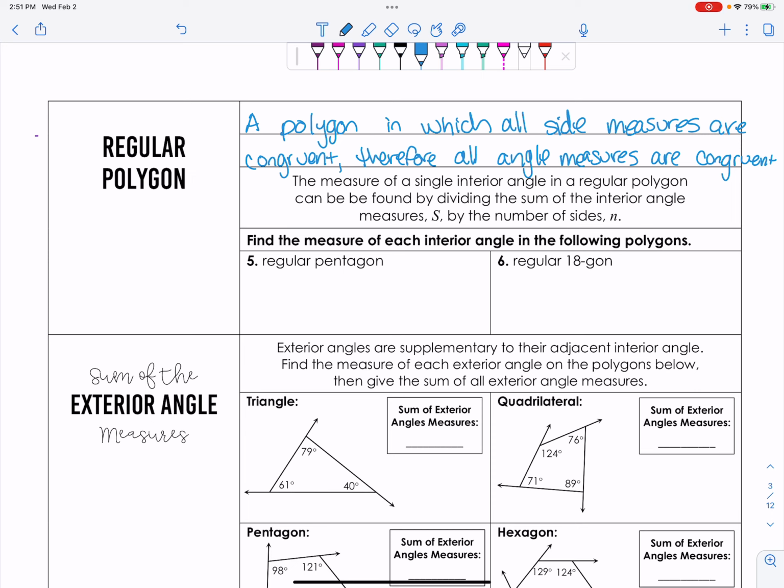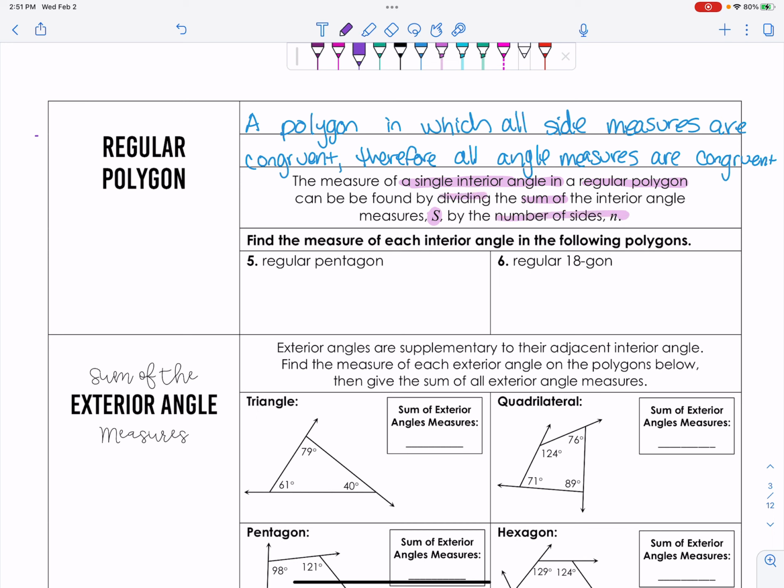If we need to find the measure of a single interior angle of a regular polygon, what we're going to do is take our sum, which is S, and divide by the number of sides.